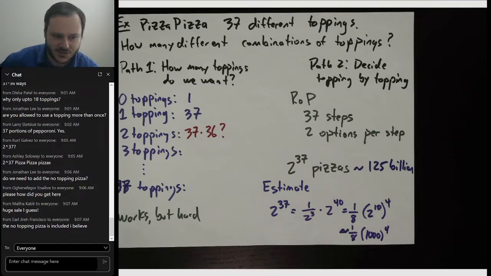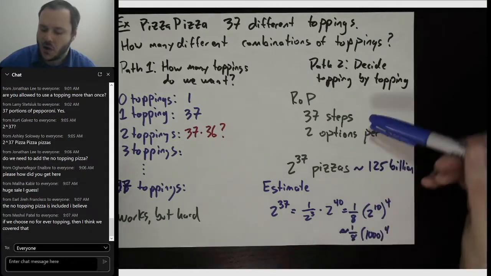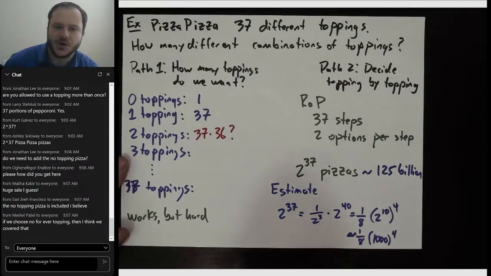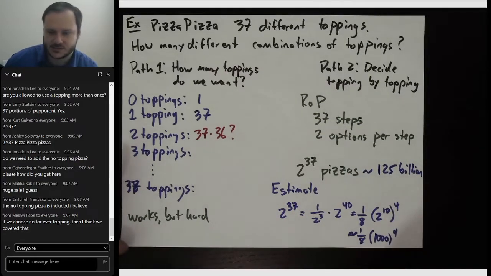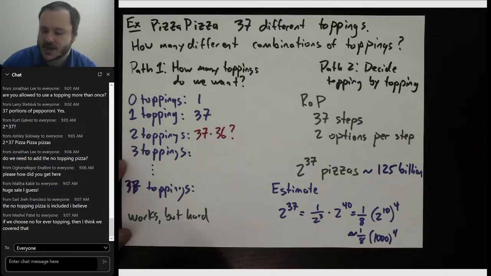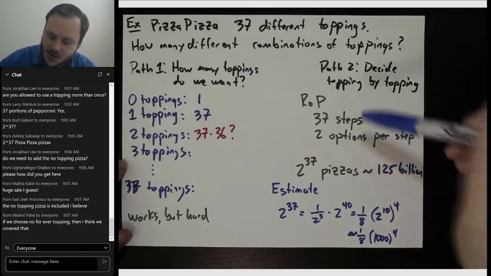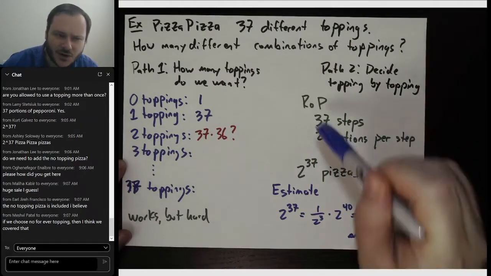Okay, some questions in chat to talk about. Do we need to add the no topping pizza? Very important question. Is it already included? How do we get to the no topping pizza? We have to make sure that our process, our rule of product process, can generate the no topping pizza. How do we generate it? Well, we go through each step one at a time. Arugula, yes or no? Not feeling arugula. Let's go no. Anchovies, yes or no?